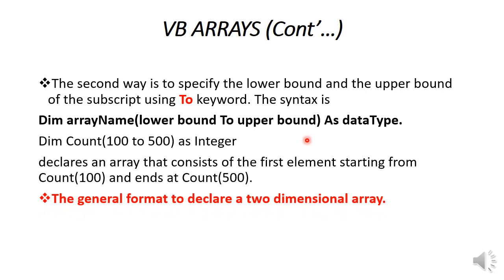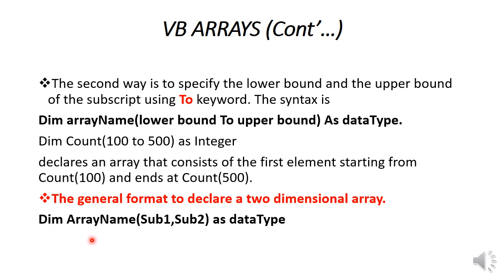Now let us see how we can declare two-dimensional arrays. So the syntax is almost the same, but remember that a two-dimensional array is an array which has table cells, or just it's an array containing rows and columns. That is the reason why we must have indices for rows and indices or subscripts for columns.